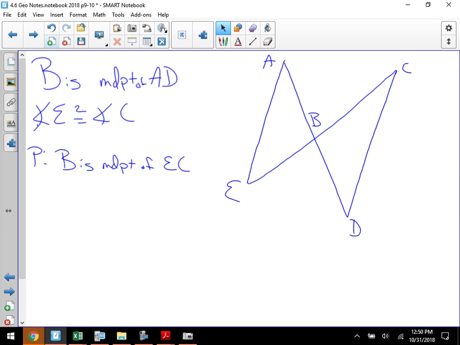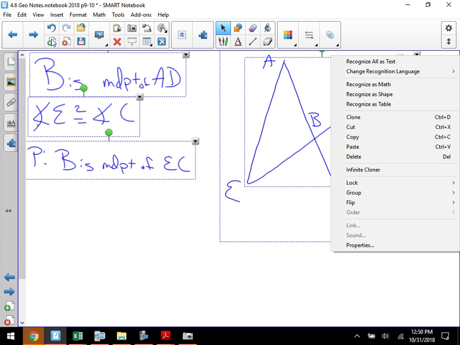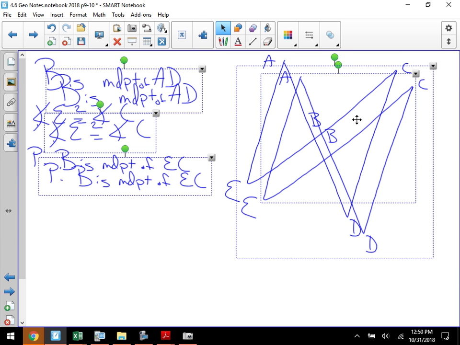Excuse me. You guys good? I'm going to go ahead and shrink this down and move it over a little bit so I have a bit more room to write. You all know my handwriting's awesome. Oops.